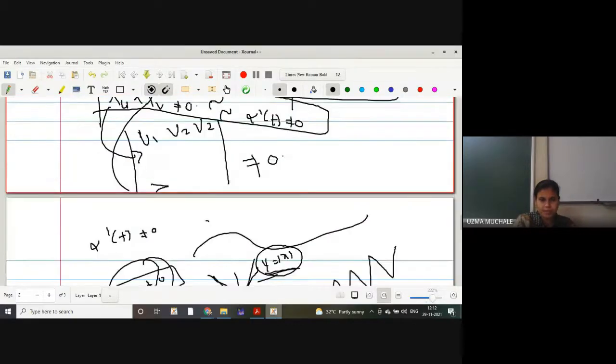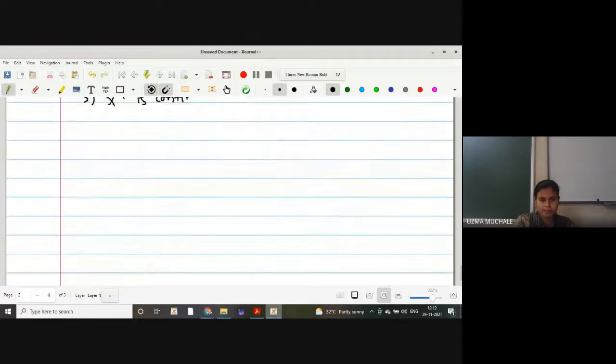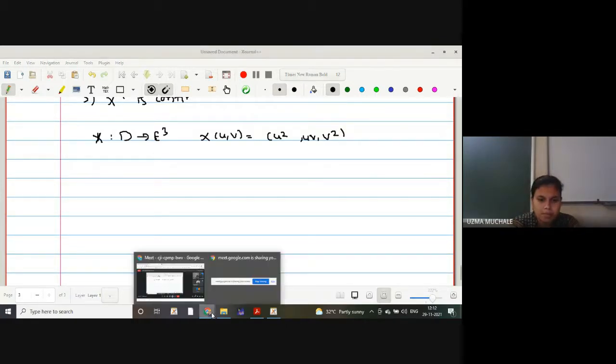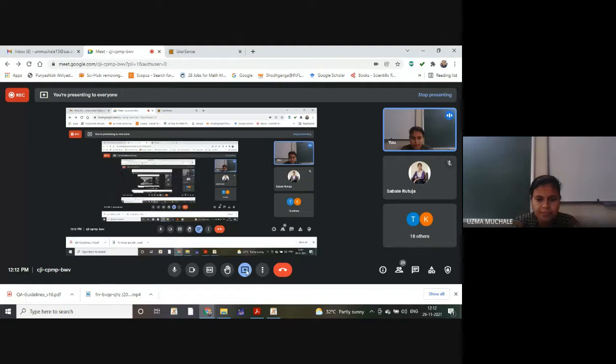Let X be a mapping from D to E3 such that X of uv is equal to u square, uv, v square.